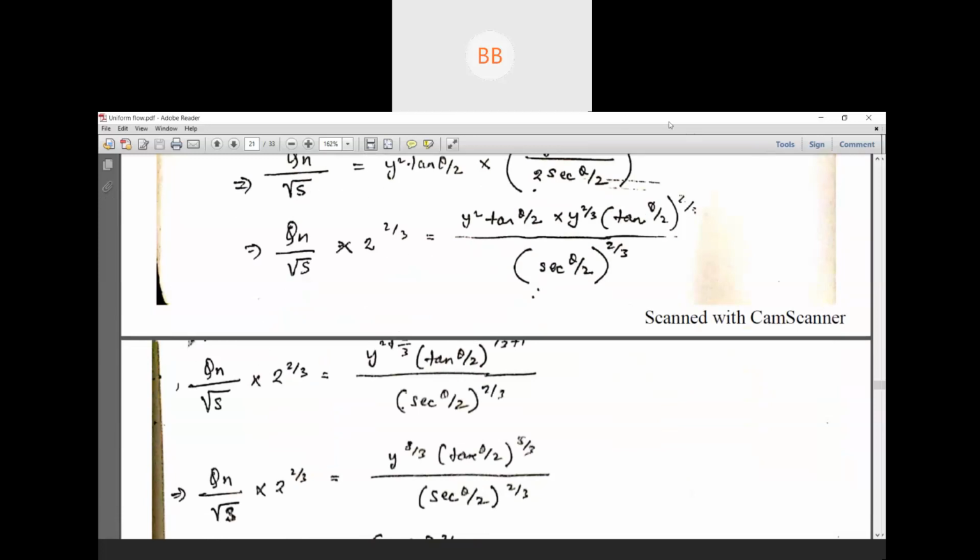Then you come to the next line. So this will remain the same on the left hand side and right hand side, y square.